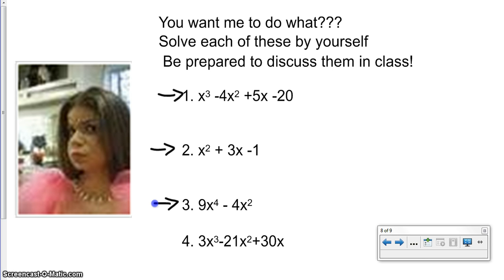Difference of perfect squares and greatest common factor. Greatest common factor and then factoring a trinomial. Remember, if you cannot factor it using those methods, your answer will be not factorable, but not used that often.